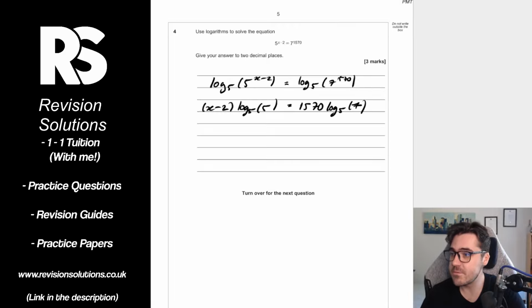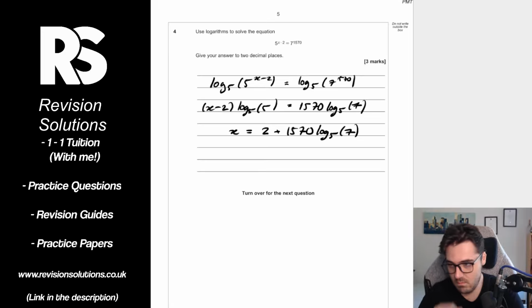And then log base 5 of 5 is just 1, because 5 to the power of 1 is 5. So that leaves us with x − 2 on the left. So if I just add 2 to both sides, x would be 2 + 1570 times log base 5 of 7. And then we want that as a decimal to 2 decimal places.